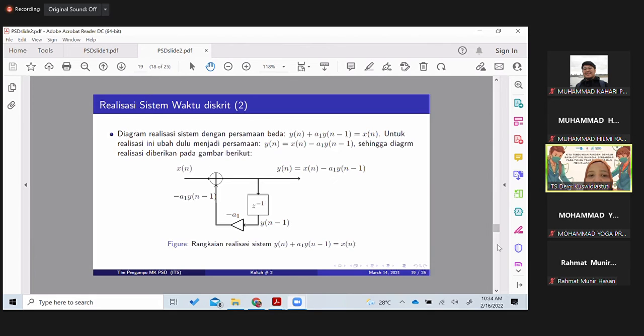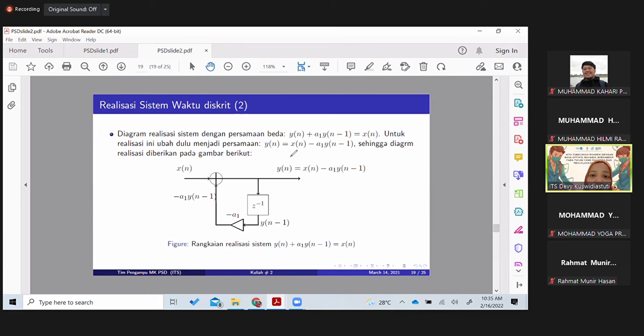For the next realization, the differential equation is of a different kind than the previous one.